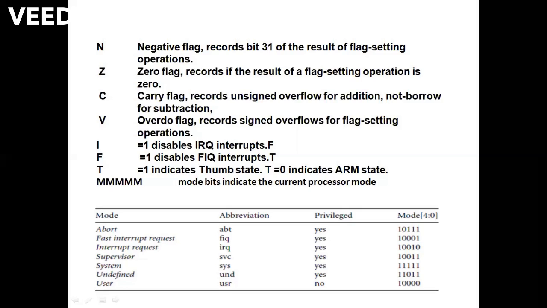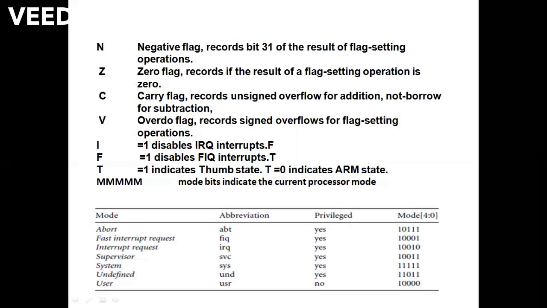Abort mode means suppose the processor is executing some program, and while executing the user program, the user is trying to access the prohibited or protected area. Suppose the user program is trying to access a memory area which is protected or not meant for that particular user. Then in such a situation, it will switch over from user mode to abort mode.